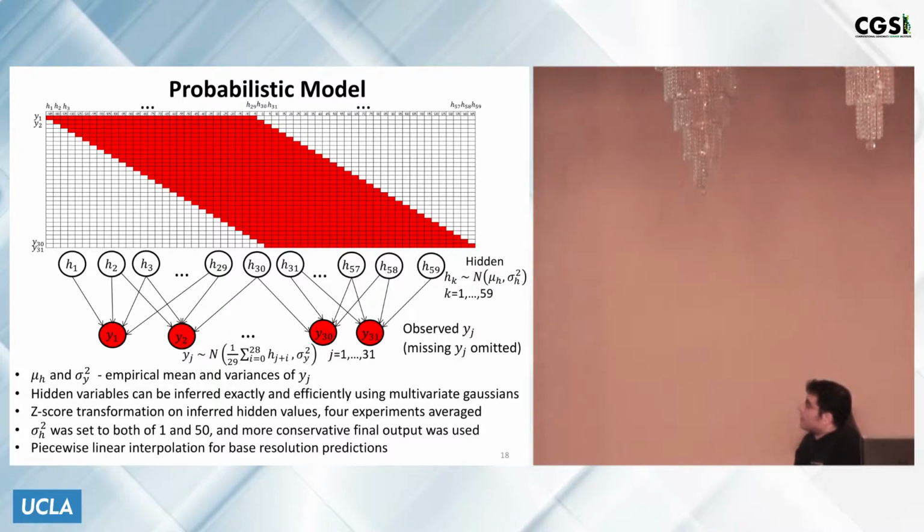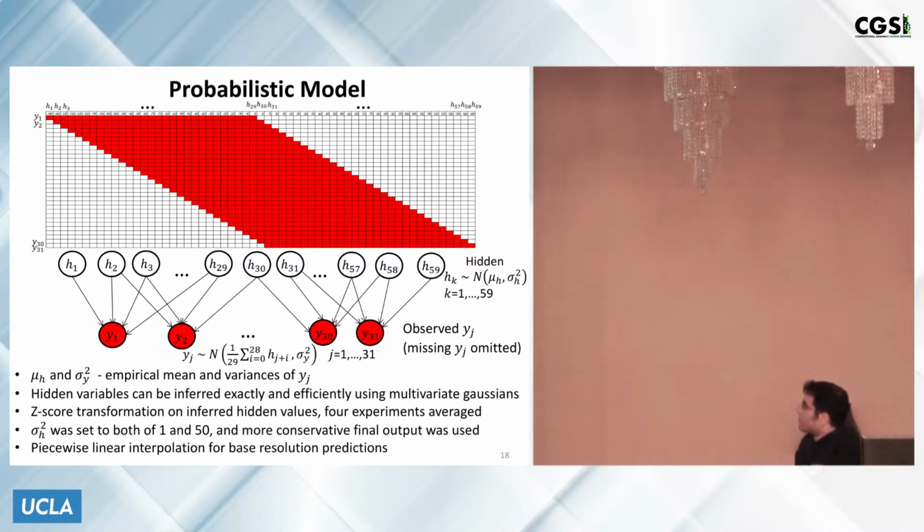So in our modeling approach, we have an observation Y1 through Y31 for each of the 31 tiles, and then a latent hidden activity variable for each 5 base pair increment. We have 59 such increments, H1 through H59.